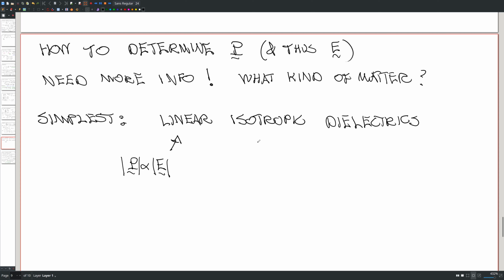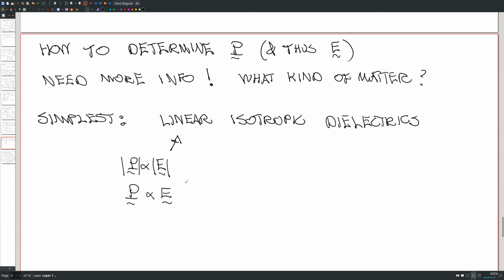Okay, and here you see it's two things, right? There's a statement that the size of the polarization goes with the size of the electric field, but there's a further statement that says that not only the size but also the direction goes with the direction of the field.